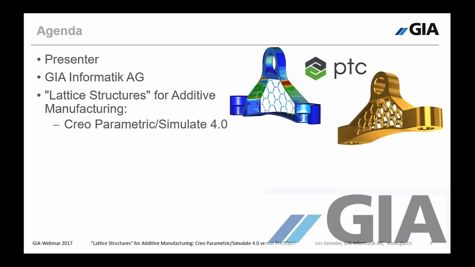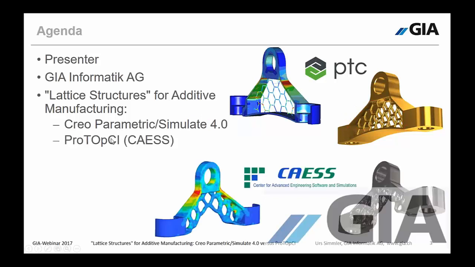But let's first have a look at the agenda. First I'd like to introduce myself. Then I'd like to give a little overview about the company I'm working for, GIA Informatik, and then let's have a little look at the new capabilities of Creo Parametric and Creo Simulate, what's new in Creo 4.0, and how we can use this new lattice feature in Creo Simulate to optimize the structural behavior.